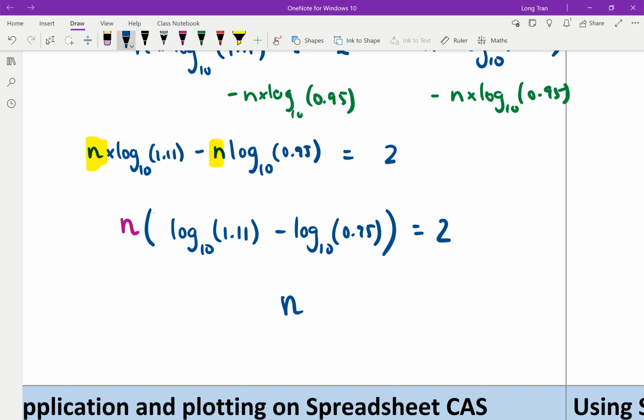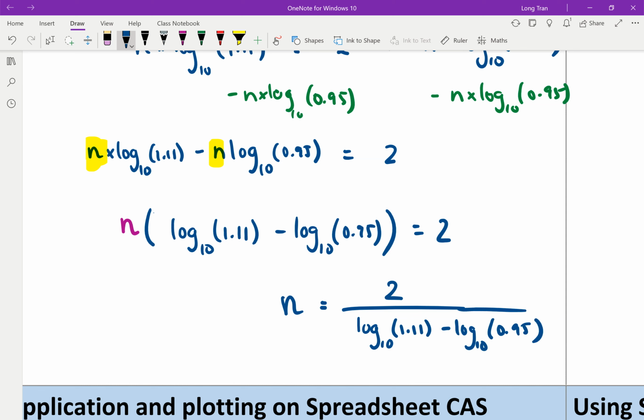So n is equal to 2 over that massive log 10 of 1.11, take away log 10 of 0.95. And technically, you can bring these two together and combine them as one log if you want. But I'd say just keep it there and then type it on your calculator.